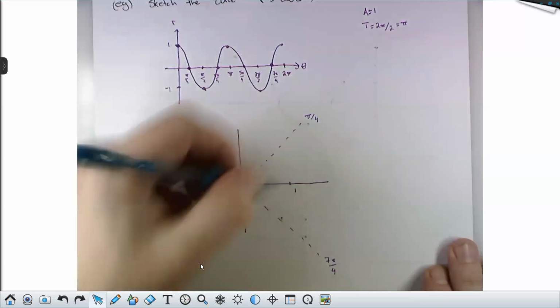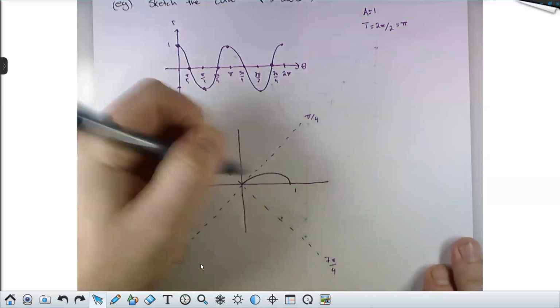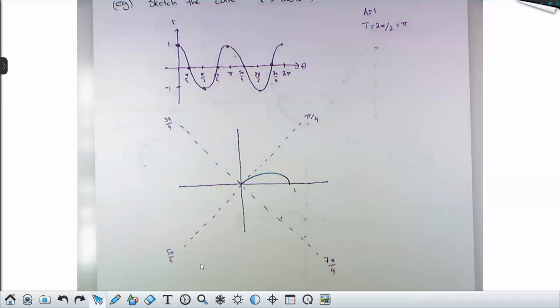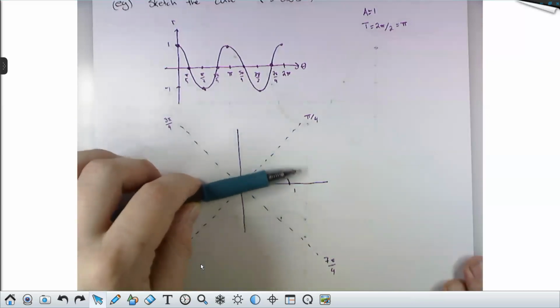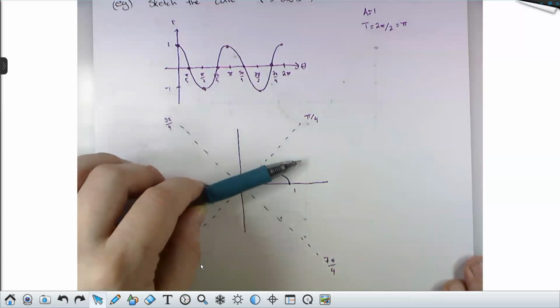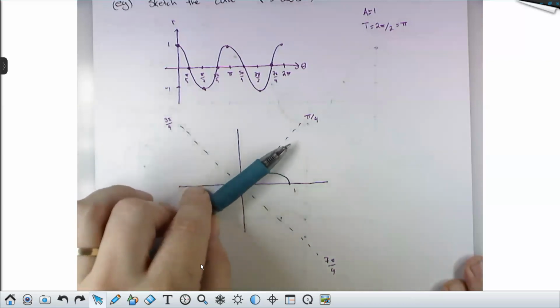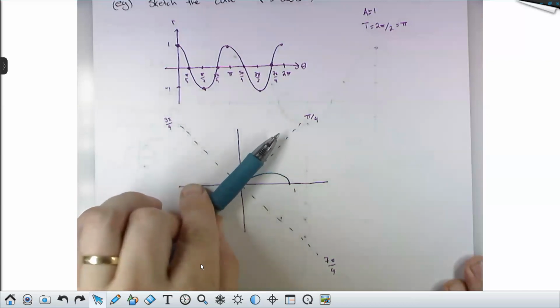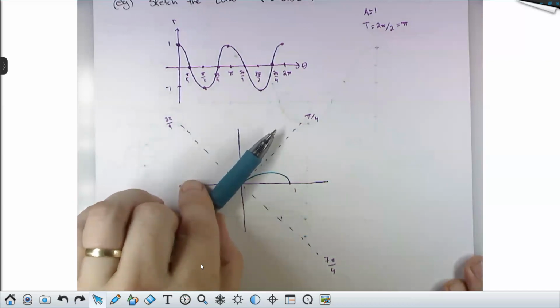So that is going to give me a piece that looks like this. When theta is 0, I'm out here at 1. When theta is a little bit bigger, r is getting smaller. As theta rotates towards pi over 4, r is going to 0. When theta is pi over 4, r is exactly 0.